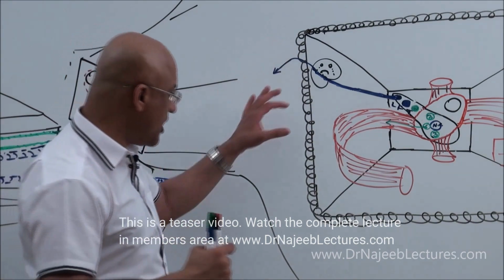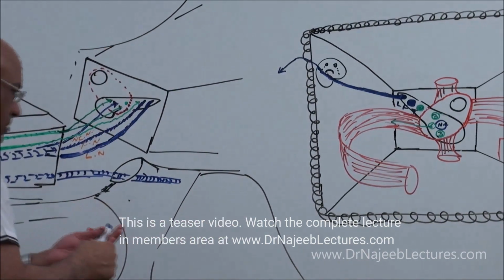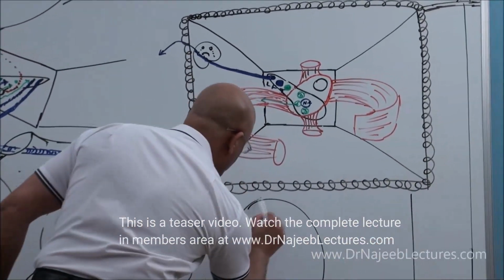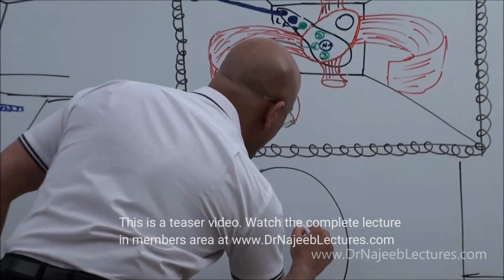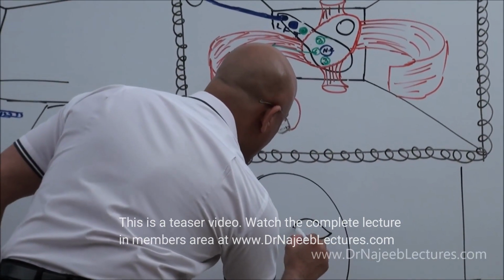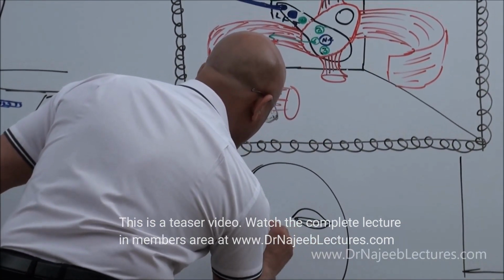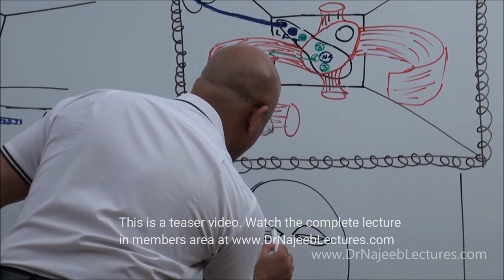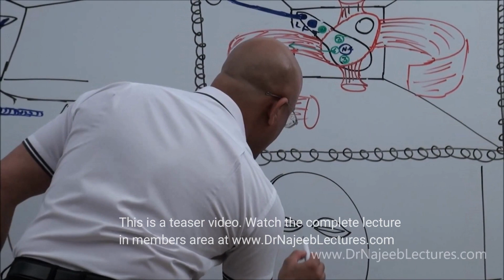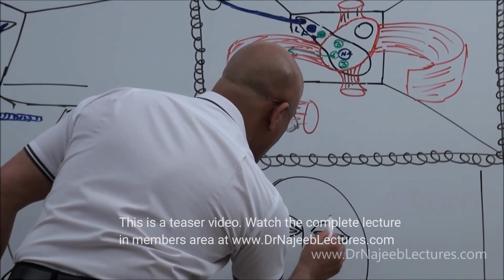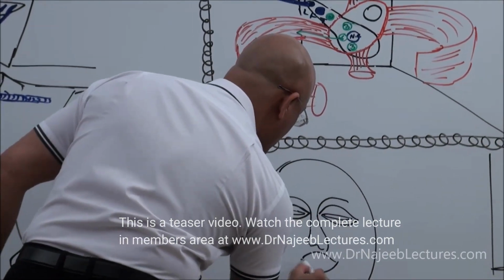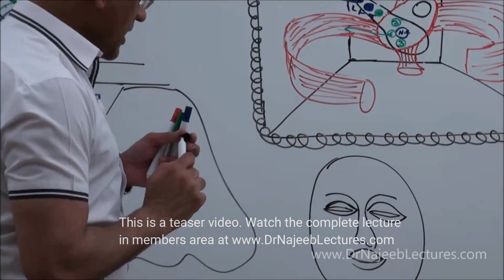Is that right? Now, let me draw another diagram here. This happens to be the front of your beautiful face. And here are your two beautiful eyes, a little asymmetric, I don't know why. And your super nose. Okay.